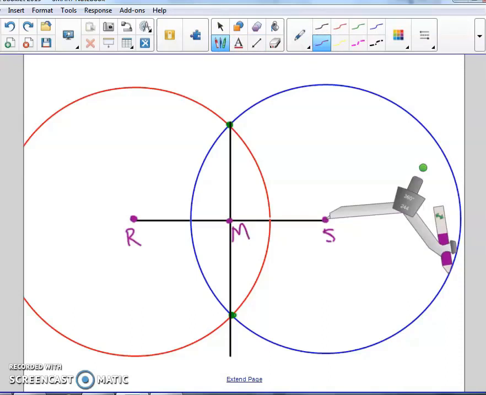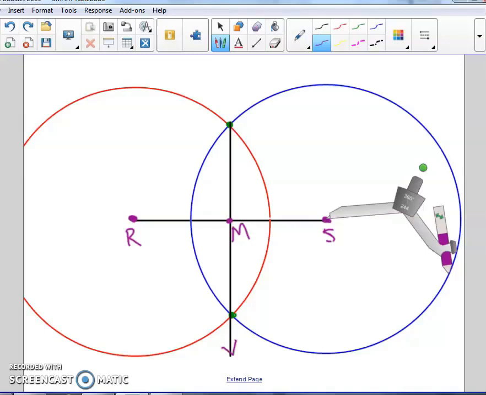So now we've just constructed the perpendicular bisector by constructing congruent circles centered at each of the endpoints of the segment. R is the center of the red circle, and S is the center of the blue circle. So we've created two congruent circles, and where they intersect creates a perpendicular bisector.